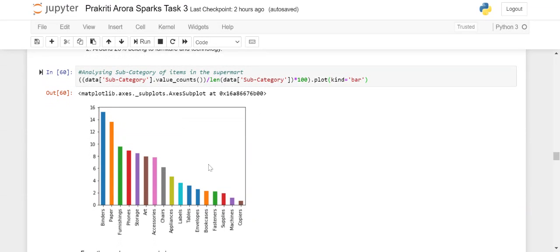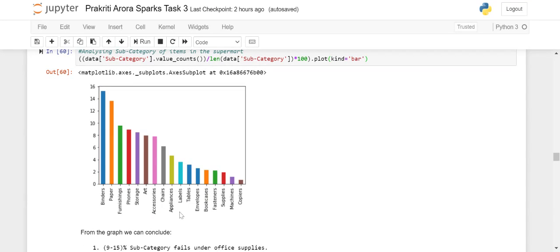We have plotted the graph of the percentage of subcategories: binders, paper, art, and envelopes. These are all office supplies, and we have chairs and tables as furniture.